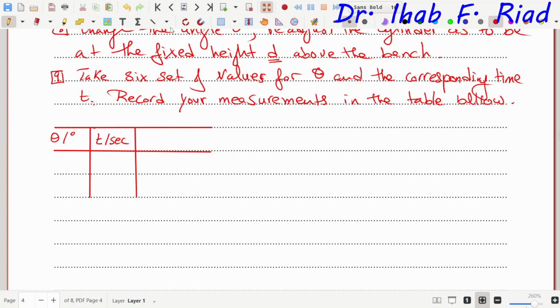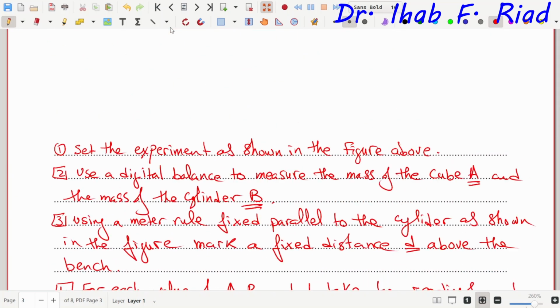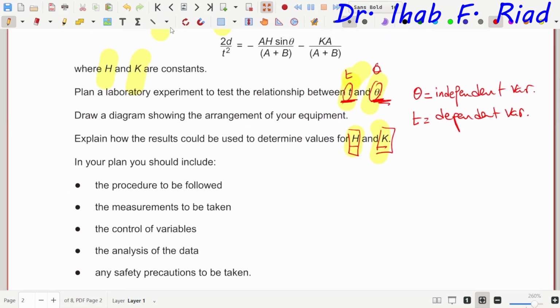Now let us go back to the equation. Let us have a look at the equation. We know that we are going to use t as the dependent variable and theta as the independent variable. So let us reorganize this equation to look like an equation of a straight line.